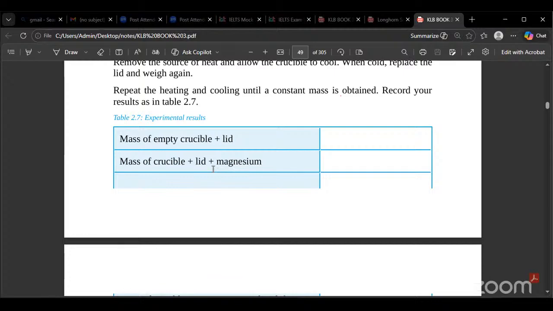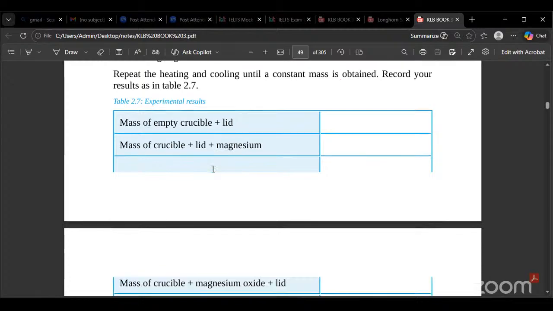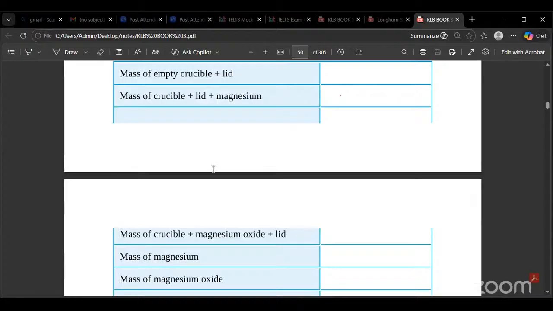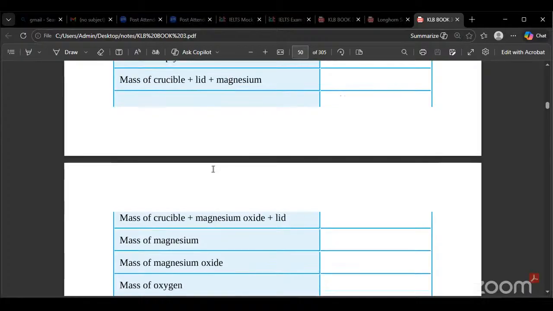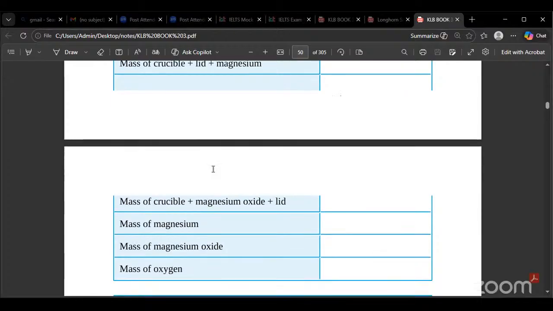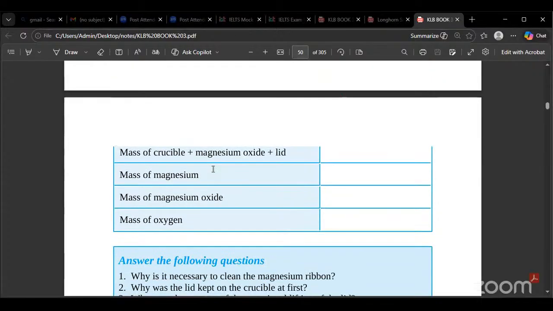I hope that is okay, but the magnesium must be cleaned. And then mass of crucible plus magnesium oxide, that is after heating. Plus the magnesium oxide plus the lid, and then you can get the mass of the magnesium we had weighed, but you can still subtract before, and then mass of the magnesium oxide, mass of oxygen.